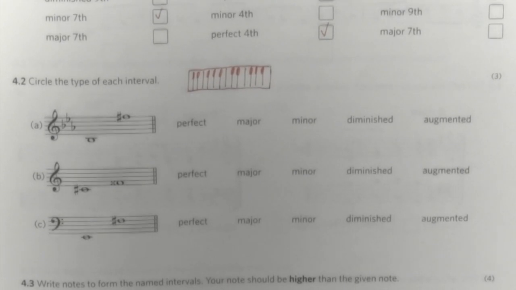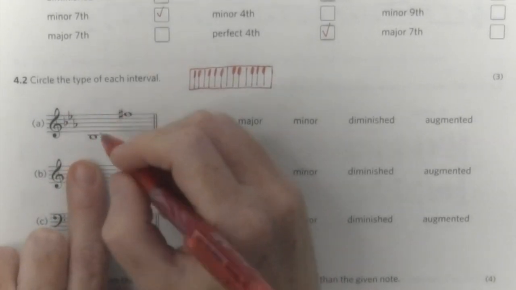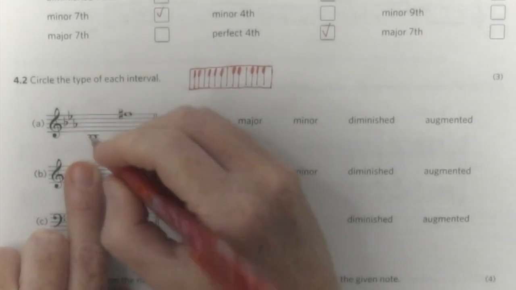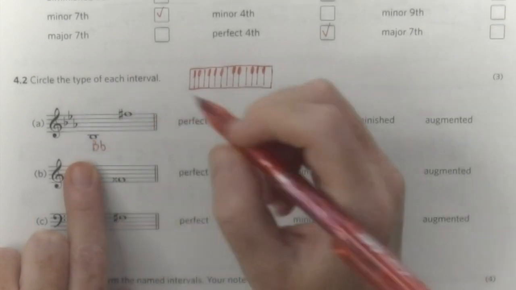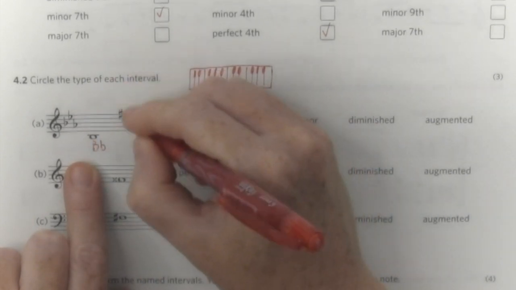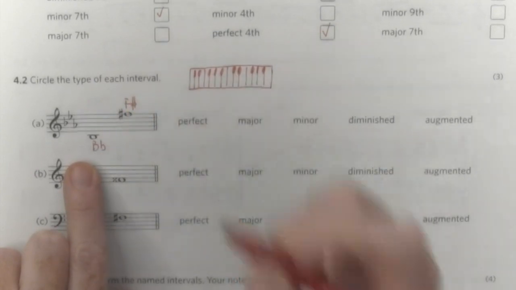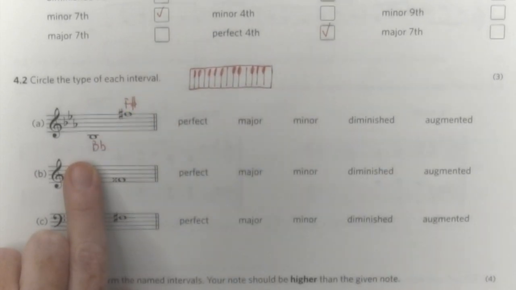In question 2, we need to circle the right type for each interval, but to circle the type, we need to find the number. So we need to do the whole thing, but never mind. First, the names of the notes, the flats. So this is B flat and this is Fa sharp. And it is a compound interval.